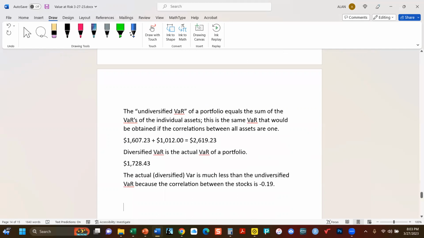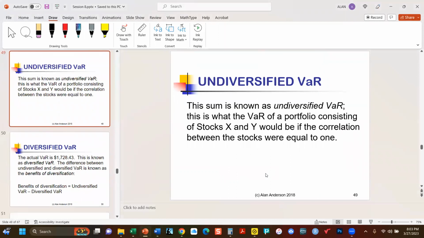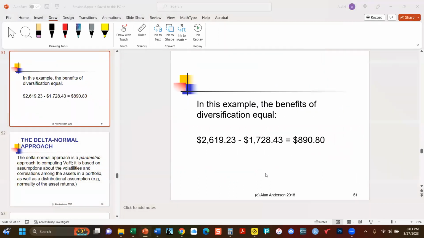So the difference between diversified and undiversified is known as the benefits of diversification. Which would be in this case 2619.23 minus 1728.43, which is 890.80.